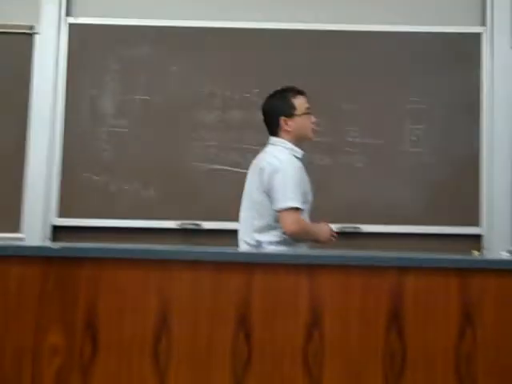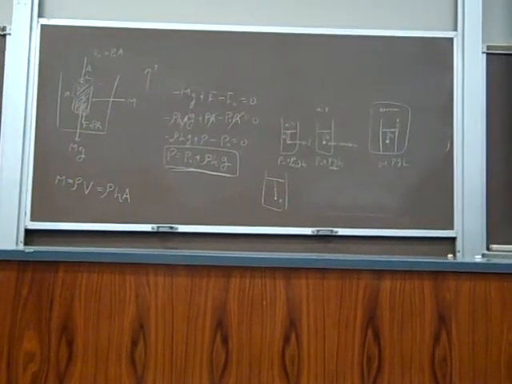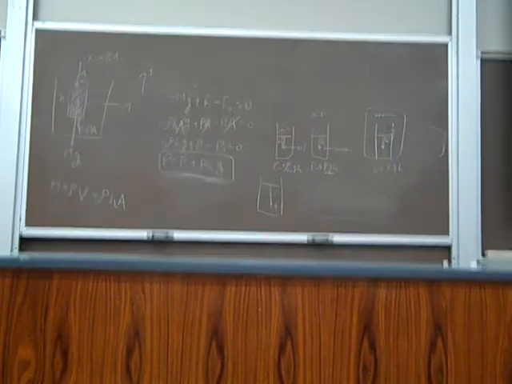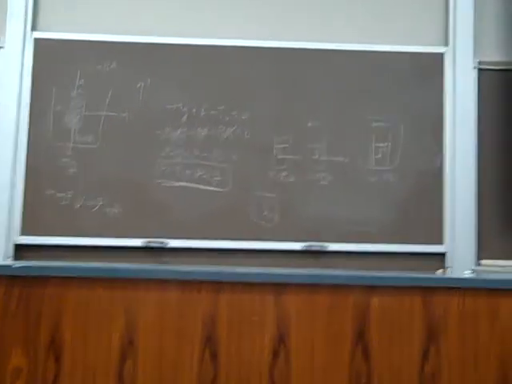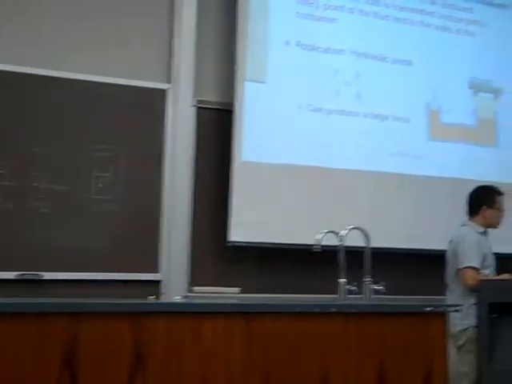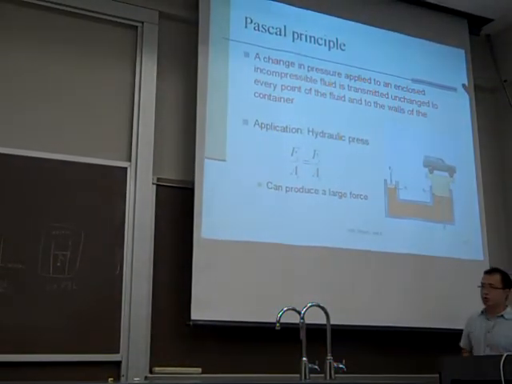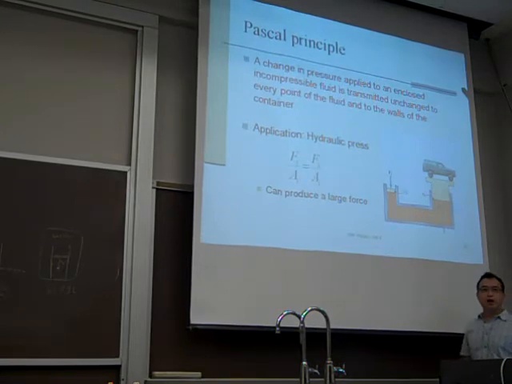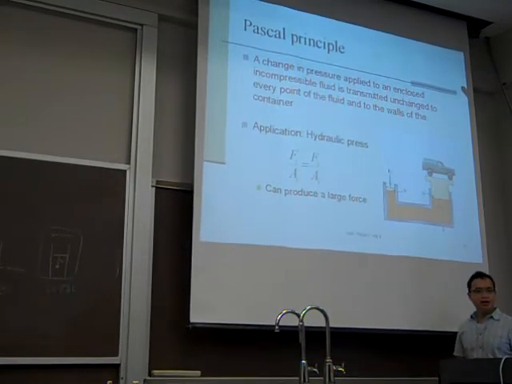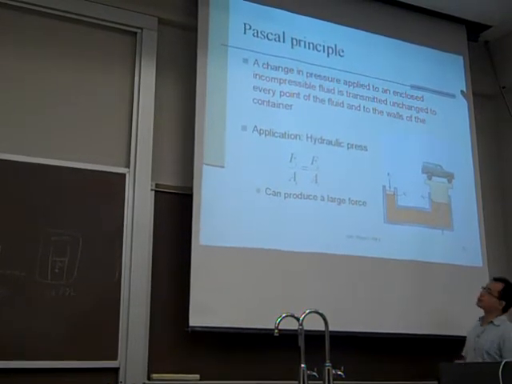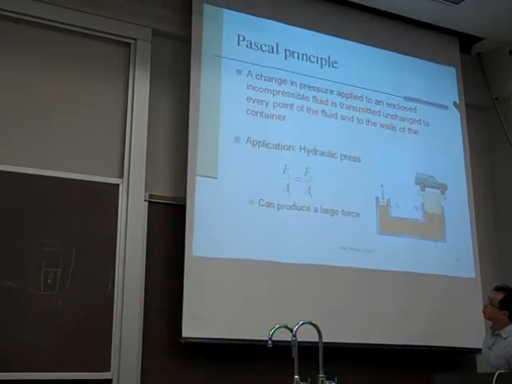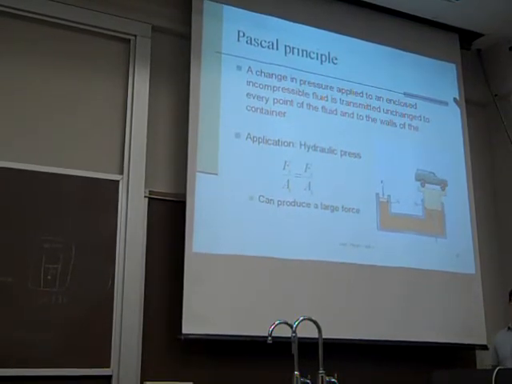Now let's look at the application. This is called the hydraulic press. It's used to lift a very heavy object with a small force. So we can produce a large force by a small force.